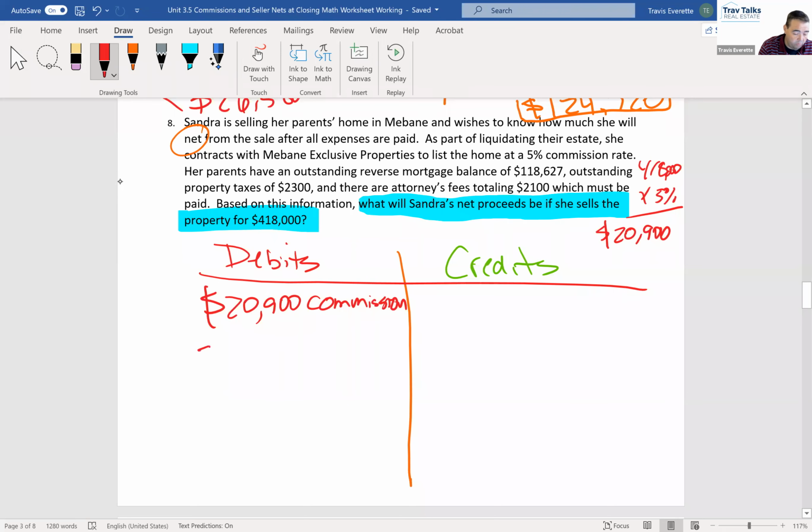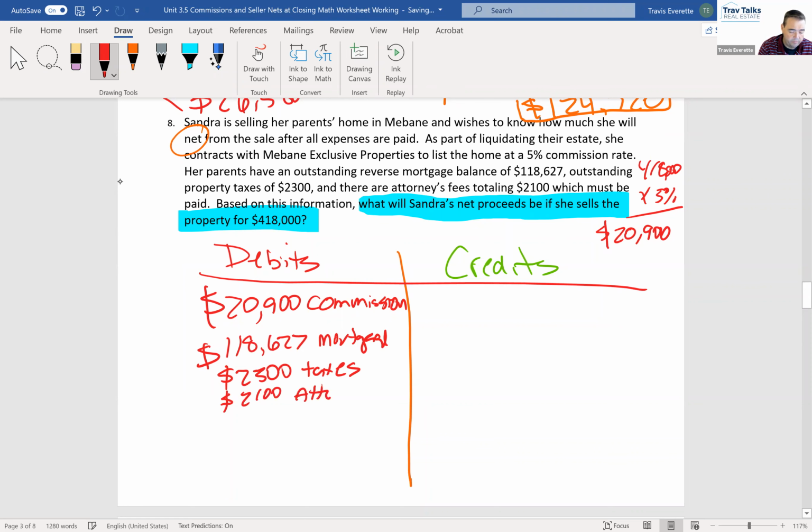So we're going to add that as a debit here, $118,627, pay off the mortgage. Outstanding property taxes of $2,300, that's also a debit. And their attorney fees totaling $2,100, which must be paid. All debits.